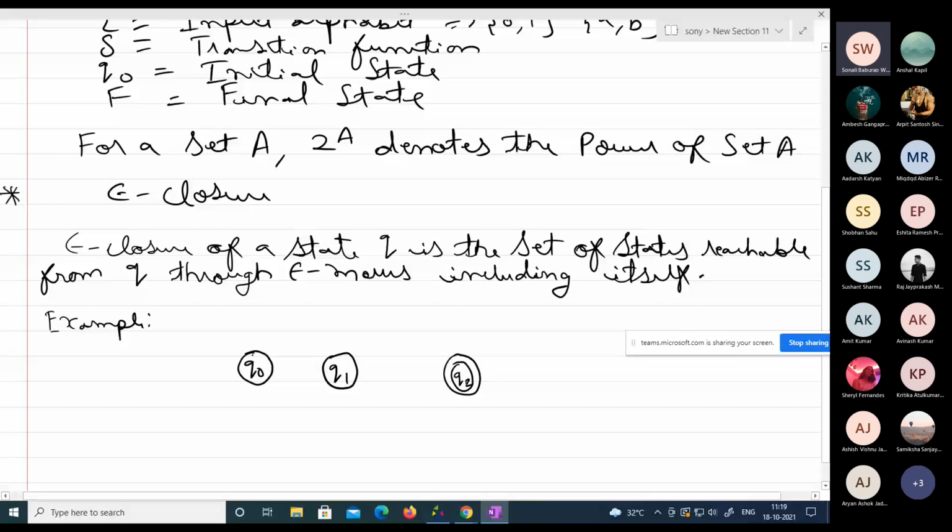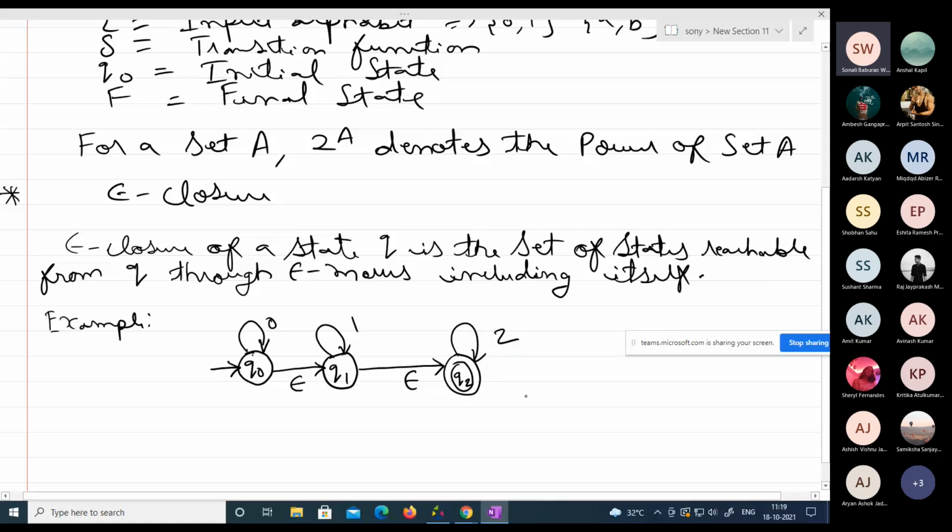This Q0 is my start state or the initial state. The transitions I'm having are this 0, here epsilon, and over here from Q1 to Q2, I'm also having one epsilon transition, and I'm also having one. And for example, let's consider this to be 2. This is just for your understanding. I'm not giving the actual input in the form of 0 and 1.